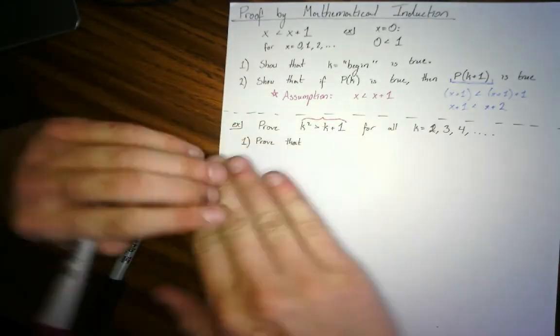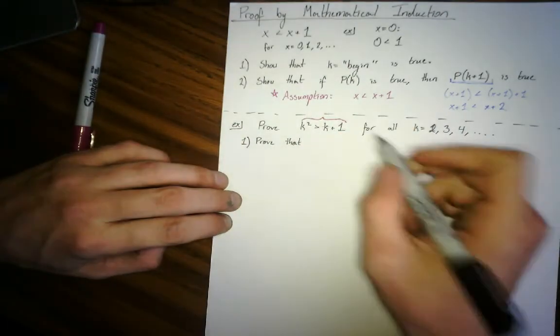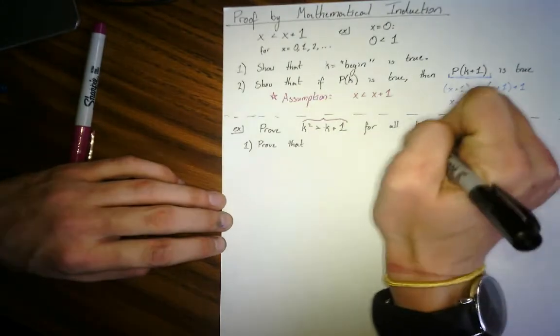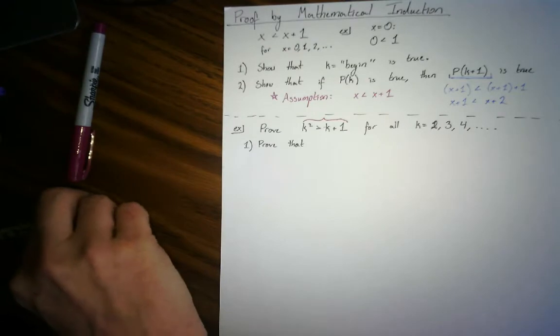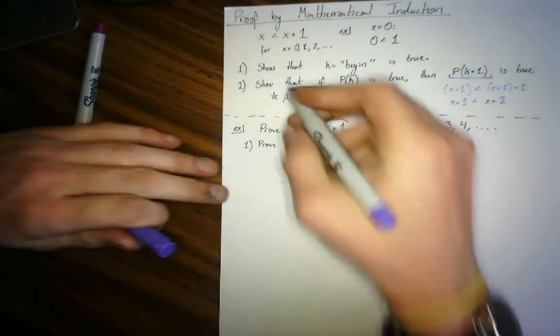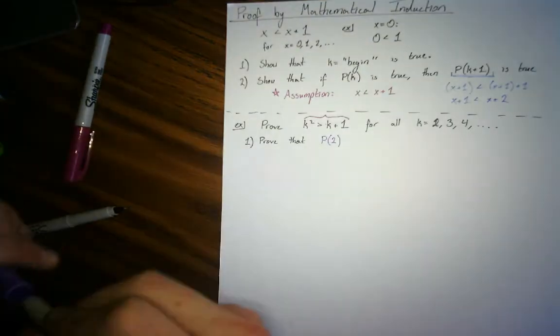The assumption is always what they give you. So we're just going to use this assumption and plug in a value of 2 for it. We're going to prove that P of 2 is true.